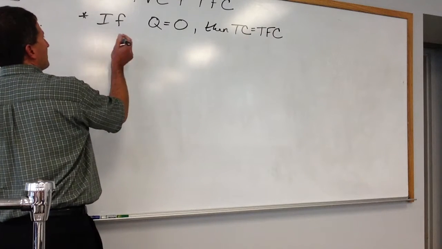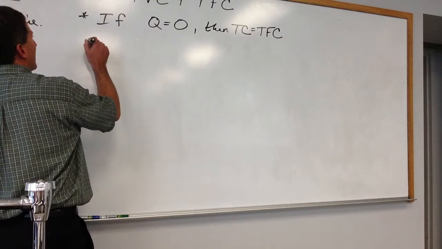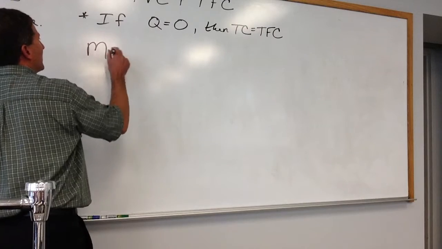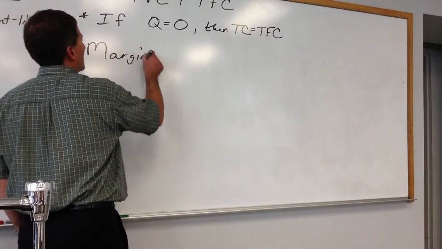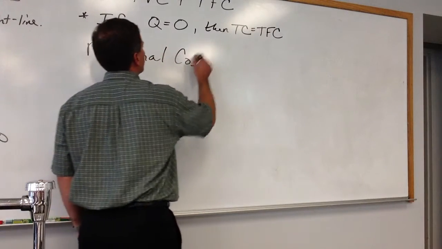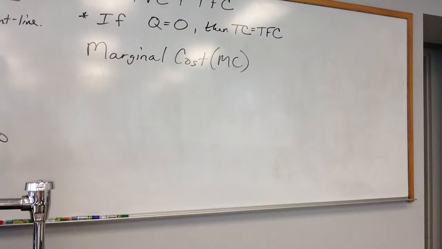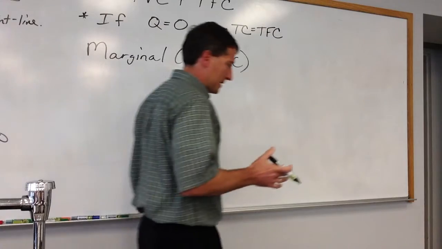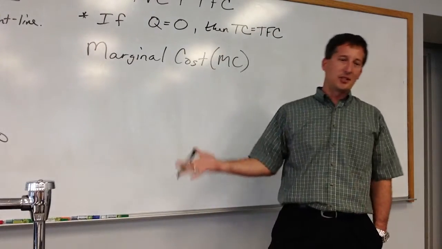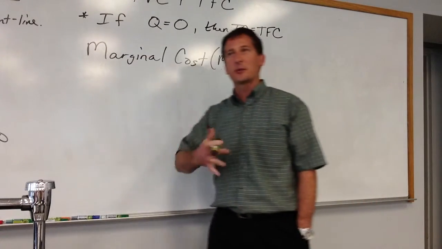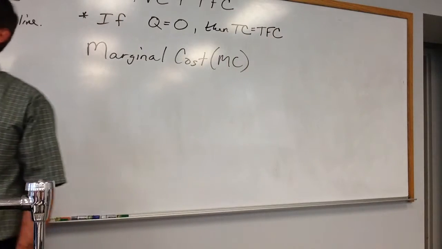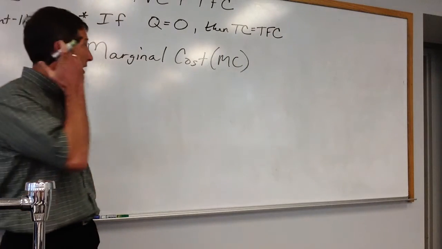Okay. So I wanted to start off today looking at the granddaddy of them all, marginal cost. Now, we defined and showed marginal cost way back in chapter 2 or 3, I can't remember, one of those where we had marginal benefit and marginal cost.